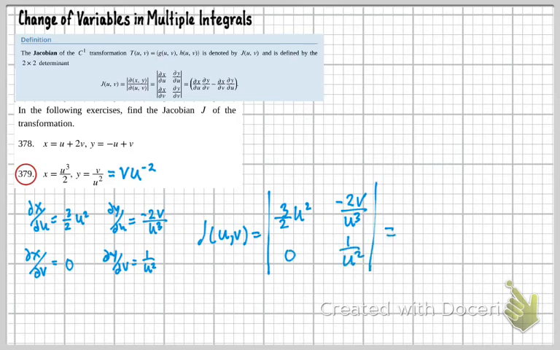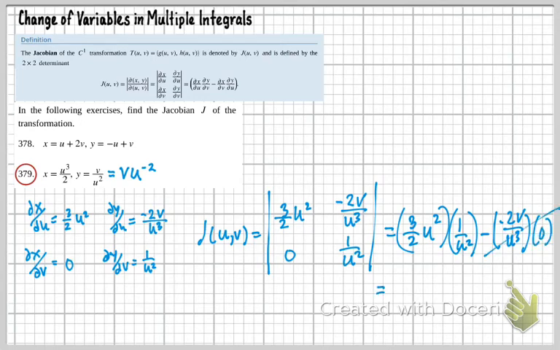And we're going to take the determinant of this. And this means we multiply those minus multiplying those. So that's going to be 3 over 2u squared times 1 over u squared minus negative 2v over u cubed times 0.